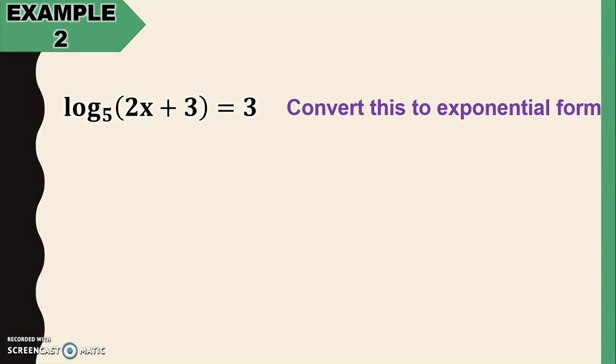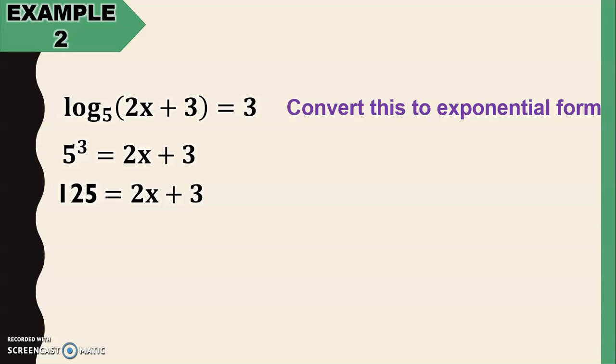Let's have another example. Log of 2x plus 3 to the base 5 equals 3. So first, let's convert this to exponential form. It becomes 5 raised to 3 equals 2x plus 3. Then let's evaluate. 5 cubed is 125 equals 2x plus 3.